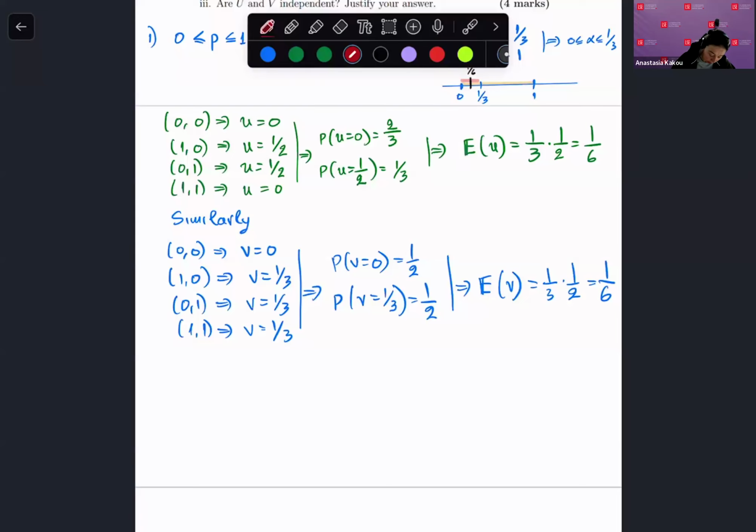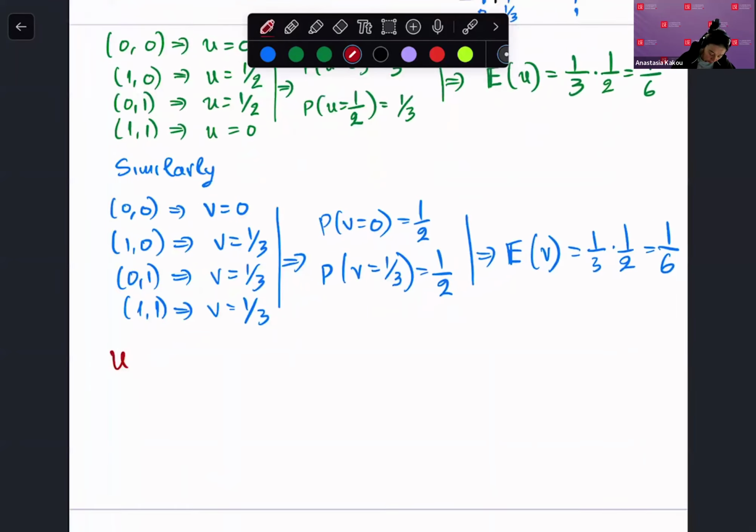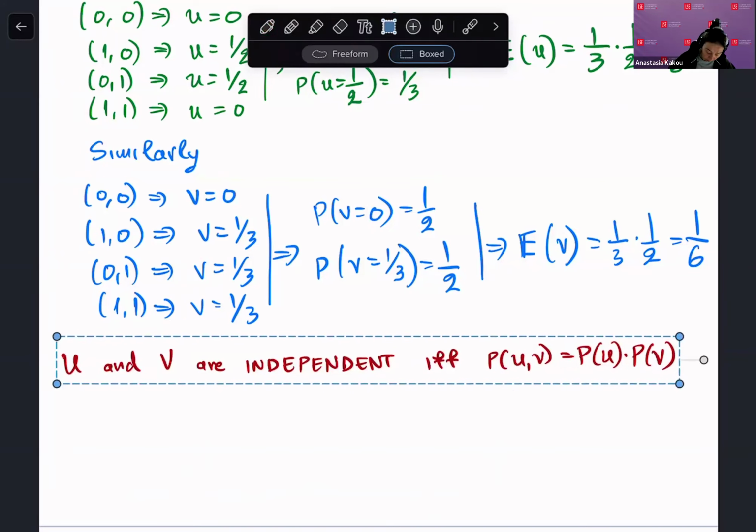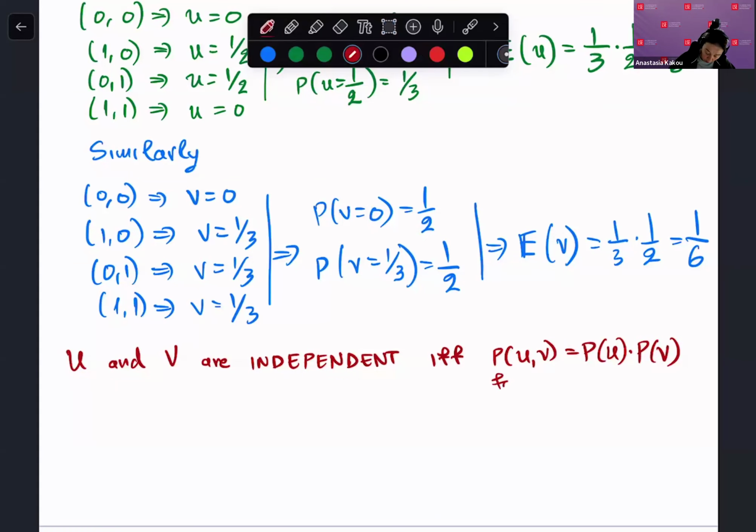so looking at the proper definition of independence, u and v are independent if and only if the probability of u comma v is the product of the two marginals, so probability of u times probability of v for all pairs.